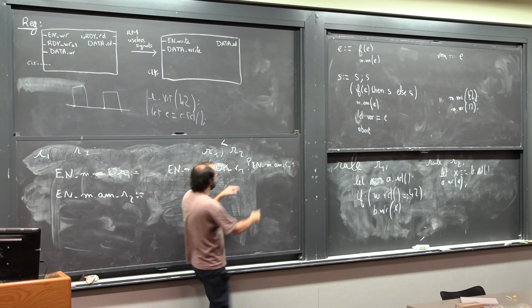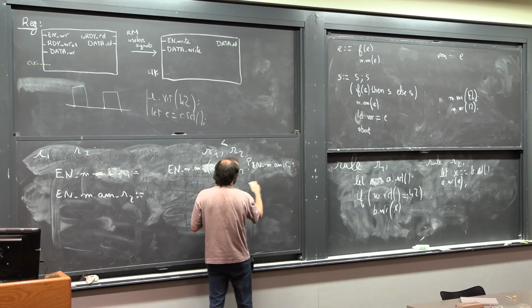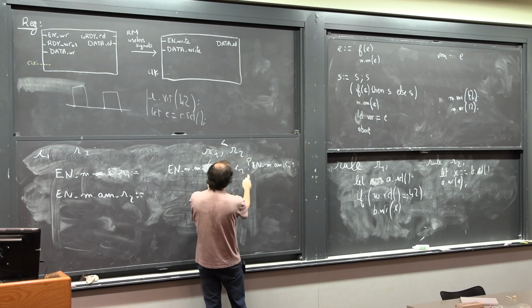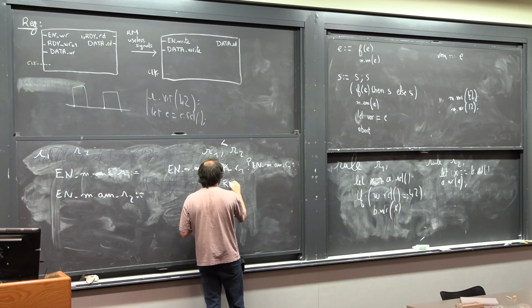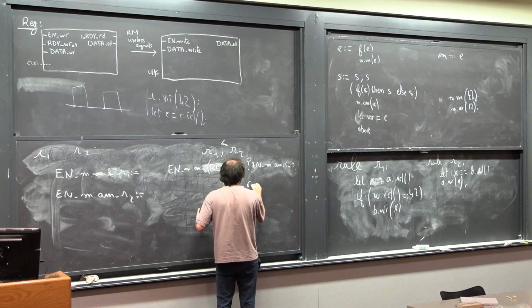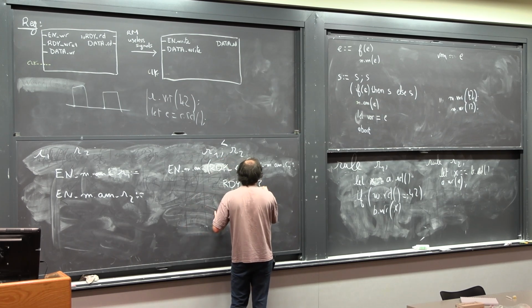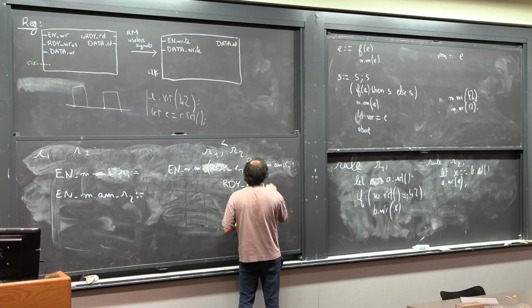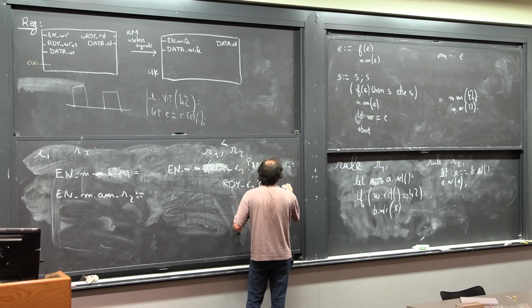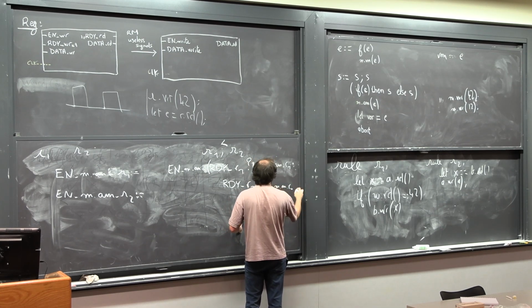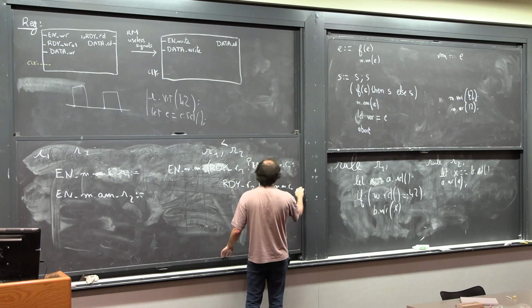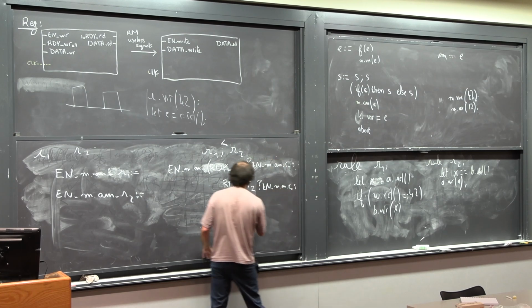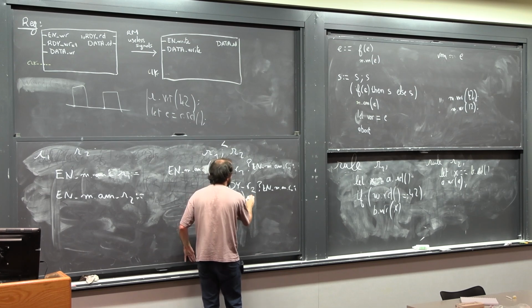So if R1 is not ready, then I try to say, is it the case that R2 is ready? And if R2 is ready, then I return the enable of R2. And if neither one is enabled, then I say that I don't have this.